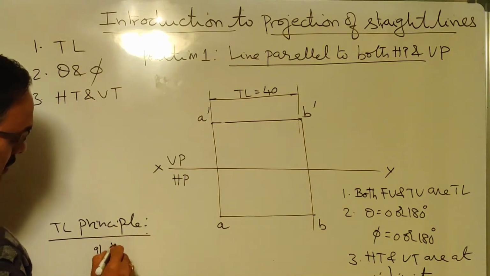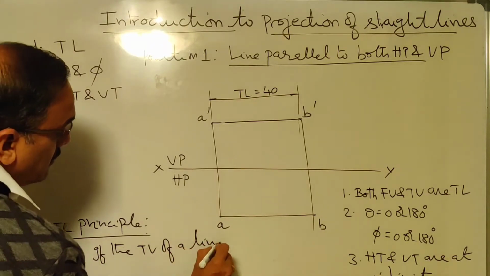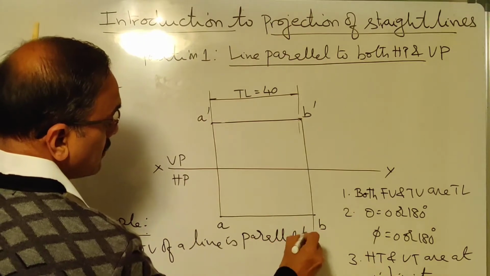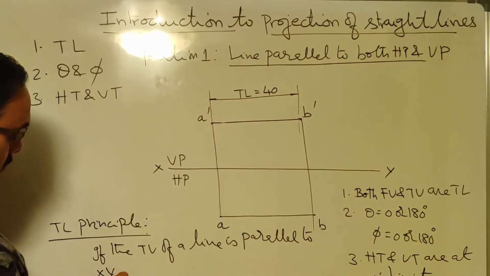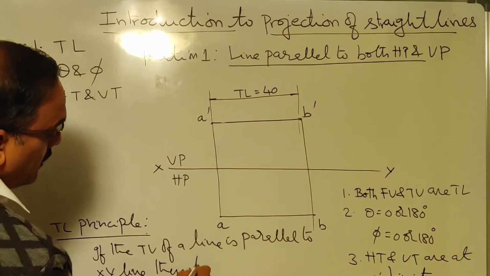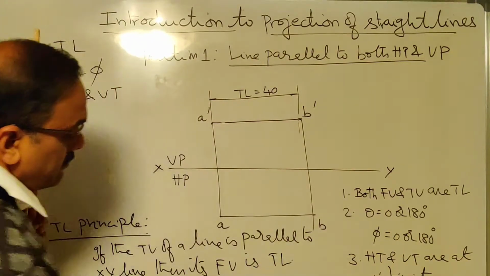If the top view of a line is parallel to XY line, then its front view is true length.